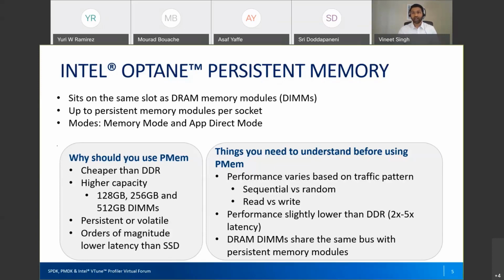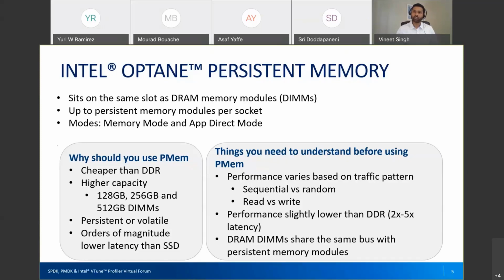It provides you with higher capacity. So these DIMMs come in capacities of 128 GB, 256 GB, and 512 GB. The usual DRAM that you use on your system, 32 GB, 64 GB, this is way larger compared to that. It can be used as a persistent memory or it can be used as a volatile memory. So you need not persist your data structure all the time.